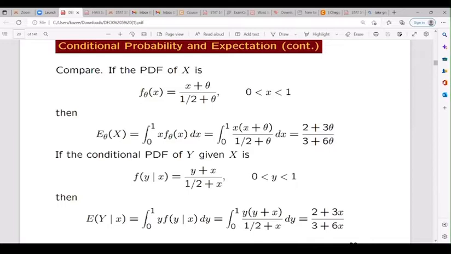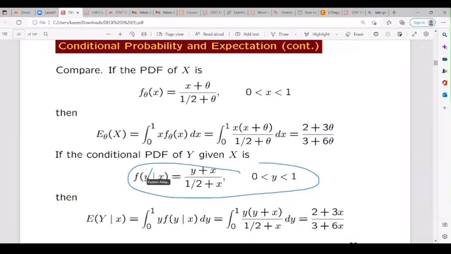Now here, since I'm focusing on y because I want to figure out the probability density function of y given that x is observed, then the range is going to be the range of y.